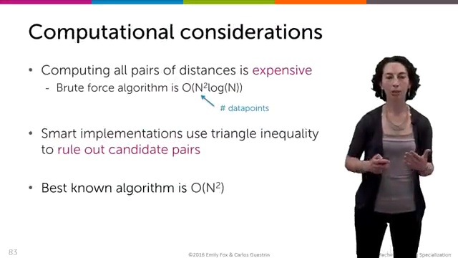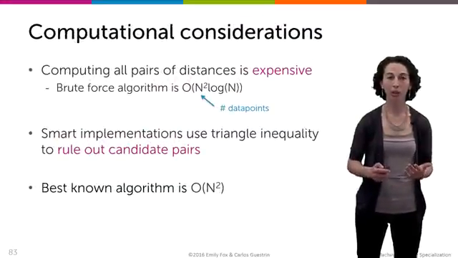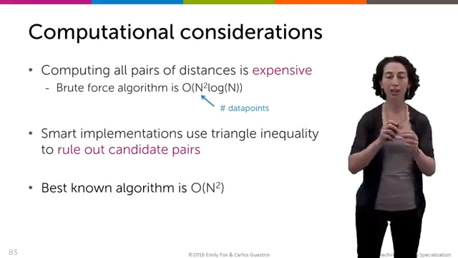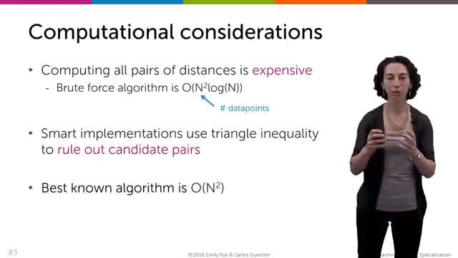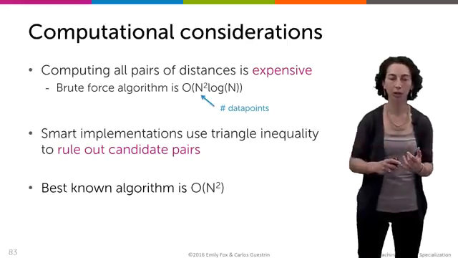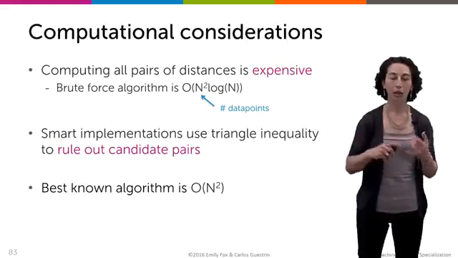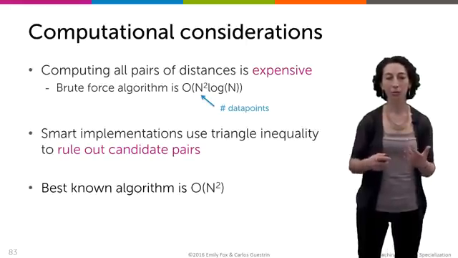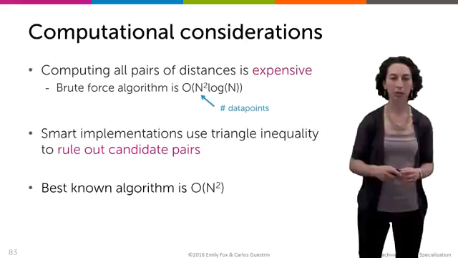There are also some important computational considerations when we're thinking about applying hierarchical clustering methods. So for agglomerative clustering, we have to compute distances between every pair of points when we're going to compute the distances between pairs of clusters. And this is really, really expensive, just as we explored in our nearest neighbor method for retrieval. And you can show that a brute force algorithm for agglomerative clustering has complexity on the order of n squared log n, where n is the number of data points.